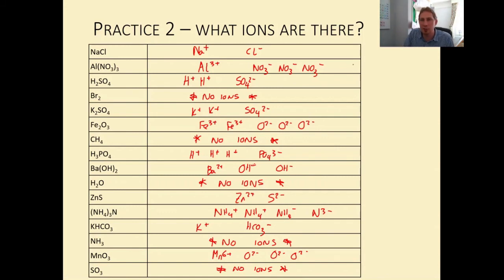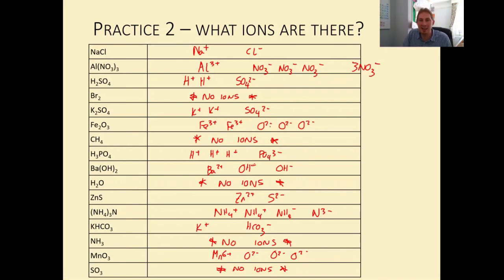It's fine if you want to write 3 NO3-, that's not a problem. H2SO4, sulfuric acid, 2H+, SO4 2-. Bromine, covalent, 2 non-metals, no ions. K2SO4, 2K+, SO4 2-.